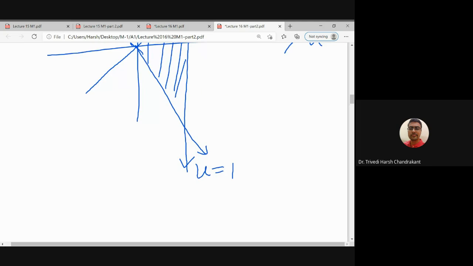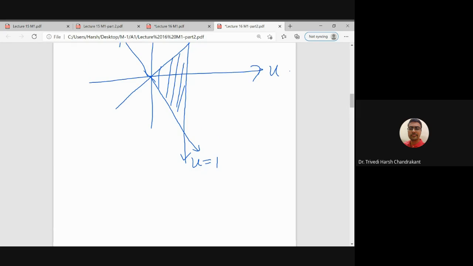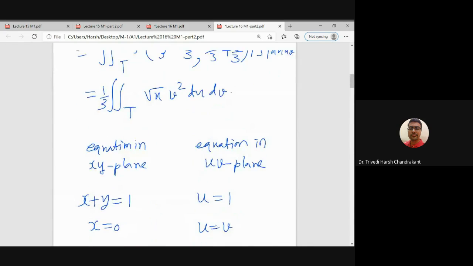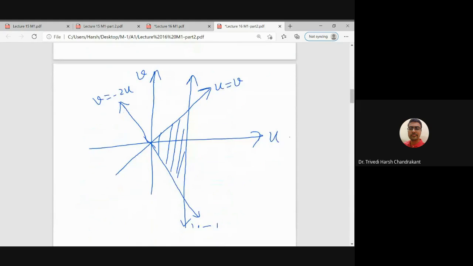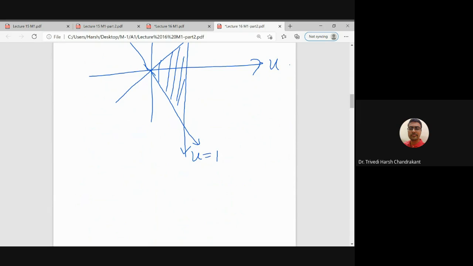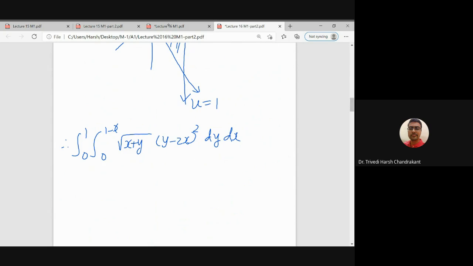Now let us substitute this limit in the integral. If we substitute this limit in the integral, what we will get is, therefore, the integral from 0 to 1 of the integral of minus x plus y minus 2x squared dy dx will become an integral.